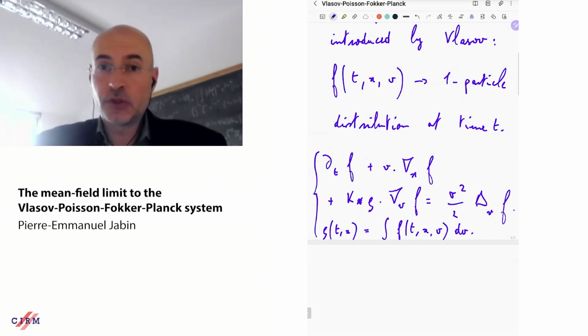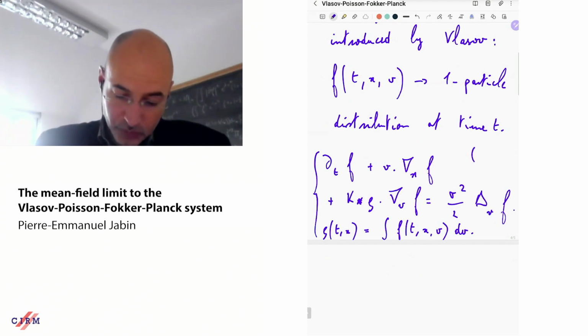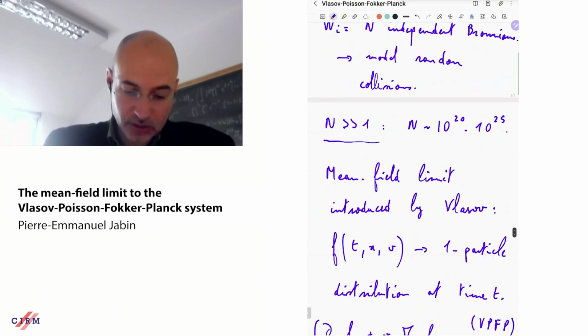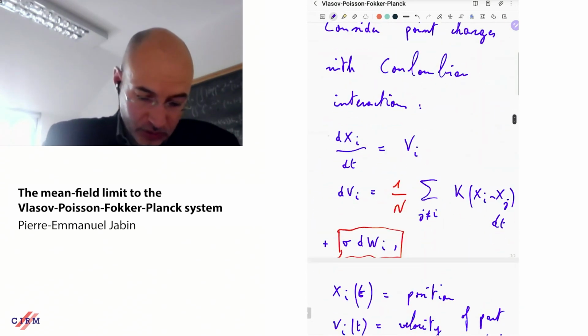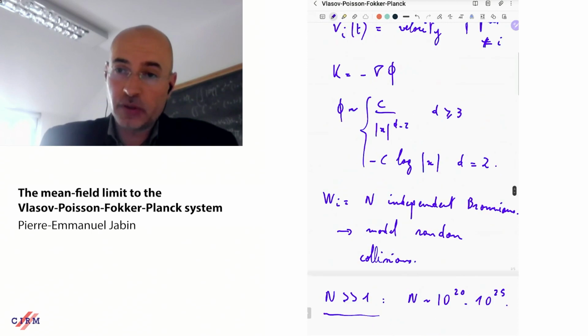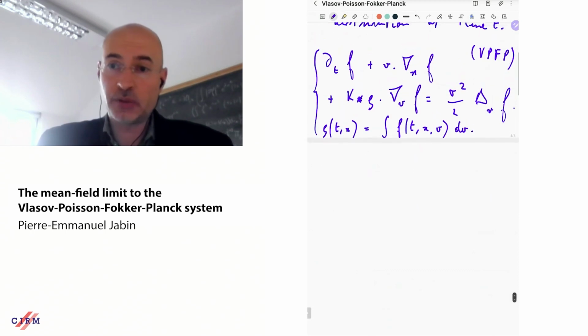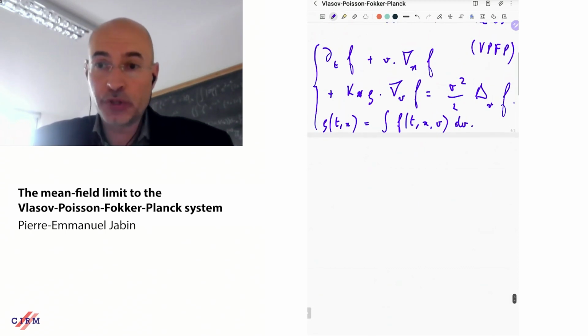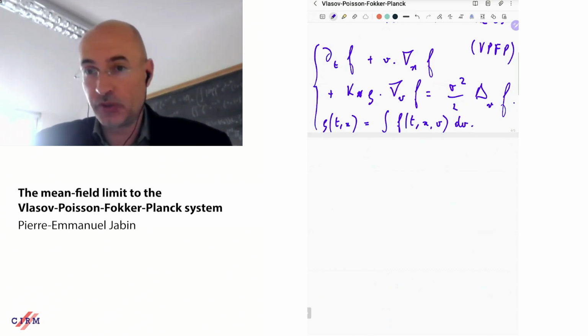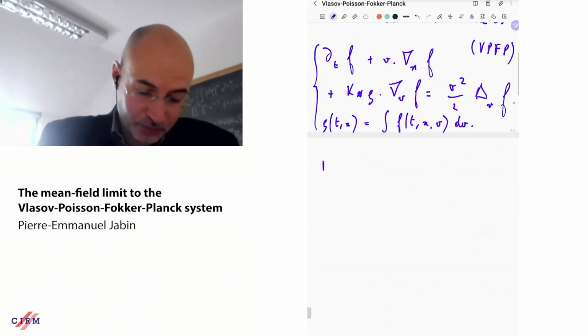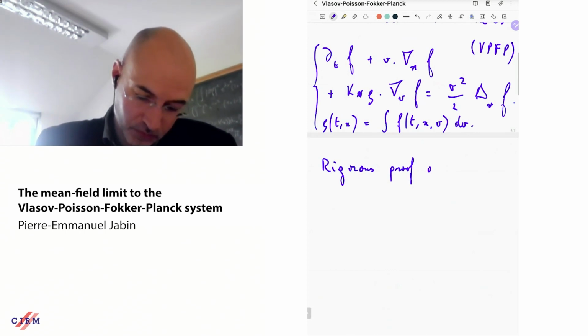All right, so if I'm calling this Vlasov-Poisson-Fokker-Planck, then ever since this Coulomb system has been introduced, a very big question, both in math and mathematical physics, has been to try to understand whether it's possible to rigorously justify the derivation of the continuum limit from the discrete system.